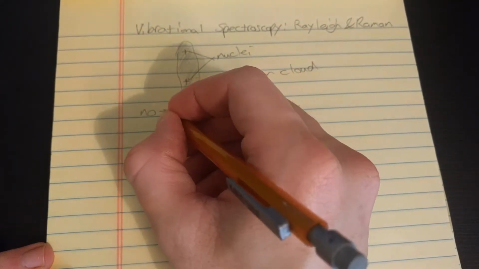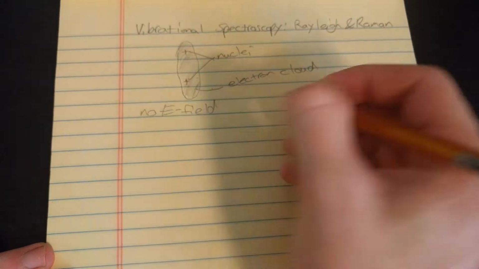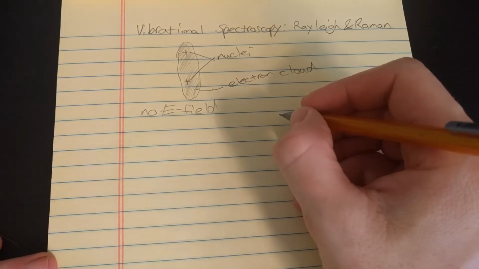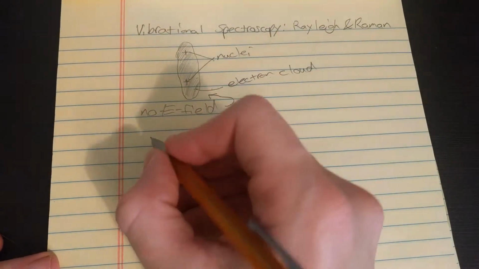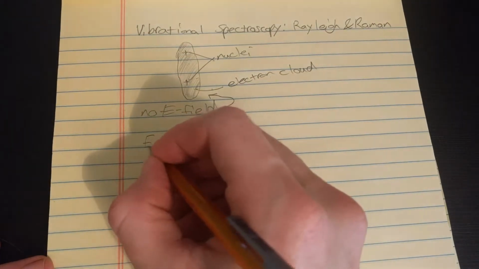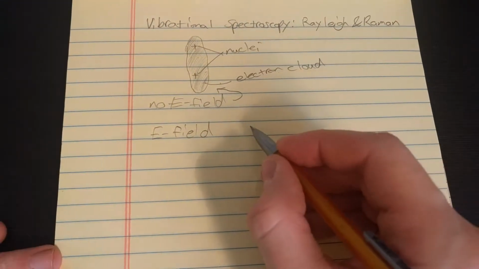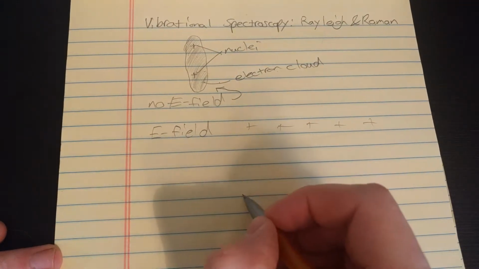So for no electric field, we would have the picture above. And let's have an electric field pointing up, which you can make by putting a bunch of positive charge here, a bunch of negative charge here.